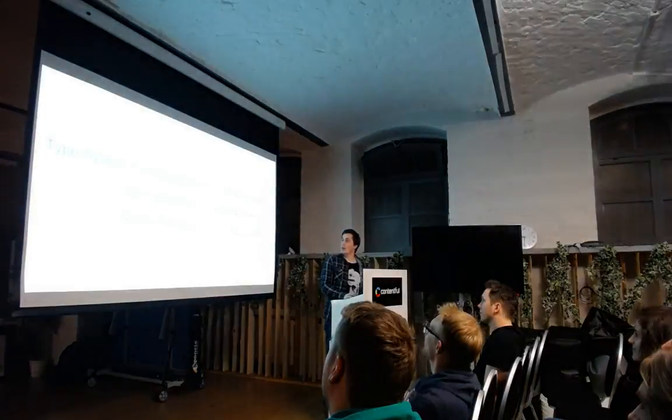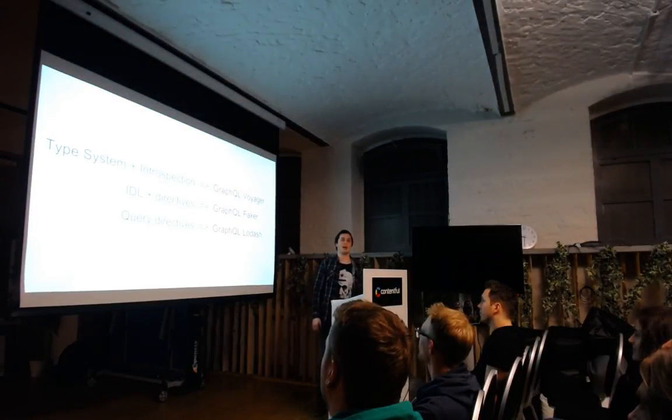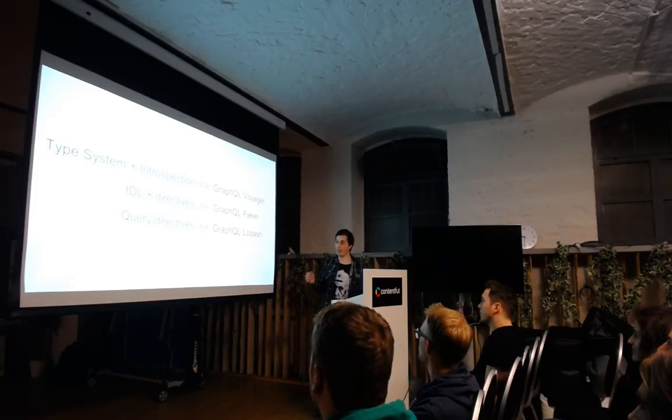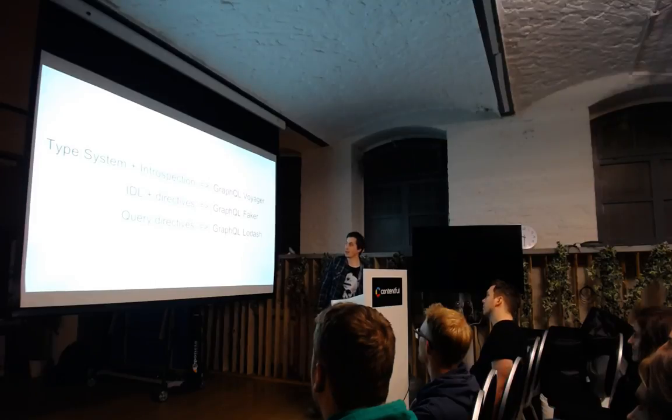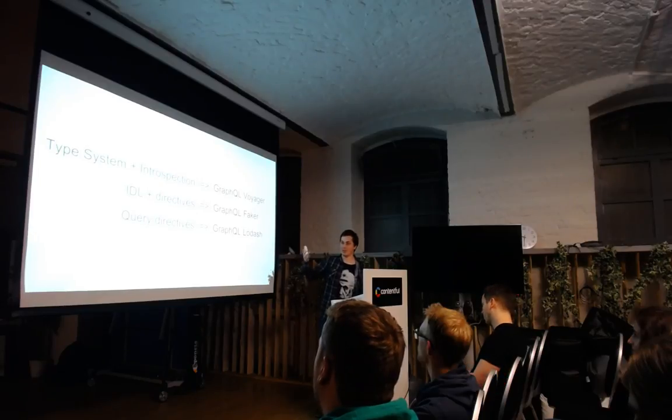So to sum up, all the tools we showed today are impossible without the nice features GraphQL gives us. For example, GraphQL Meetup is not possible without a type system and introspection. GraphQL paper is not possible without IDL and without directives.